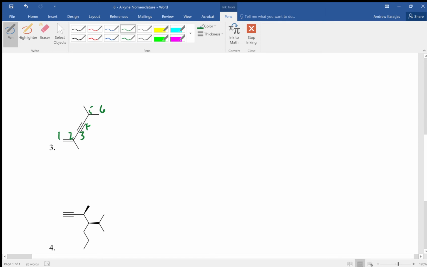Again, we number it to get the lowest possible number for our functional groups. If we ever have a tie, the alkene takes priority over the alkyne. But this is 6 carbons. There's an alkene on the first carbon and an alkyne on the third carbon. So we just put both of them into our parent name, hex-1-en-3-yne.